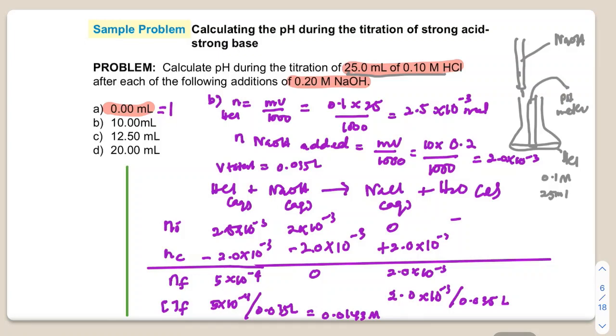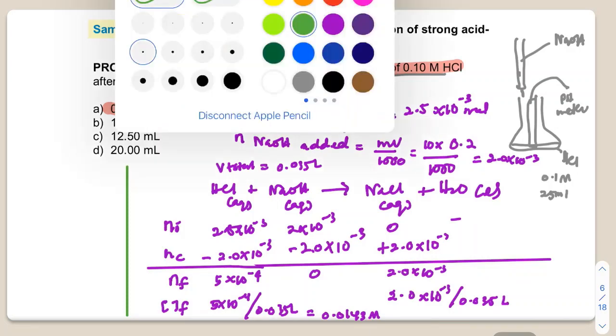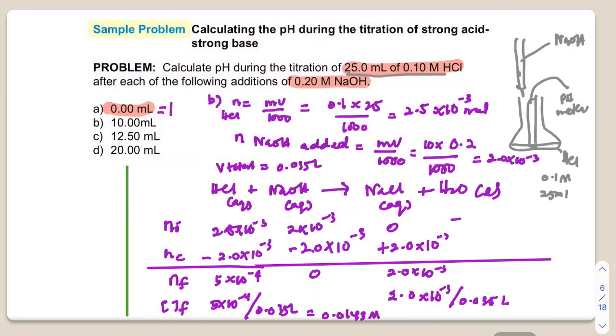This is the concentration of the HCl. HCl dissociates to H plus plus Cl minus. So HCl is 0.0143, 0.0143, 0.0143.